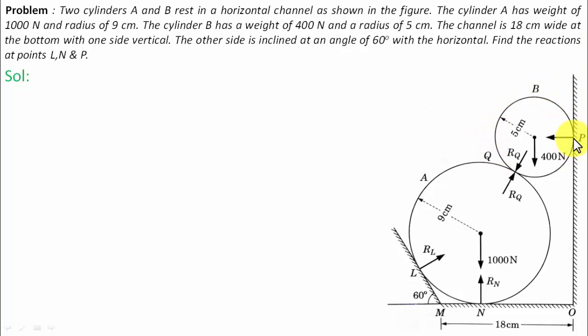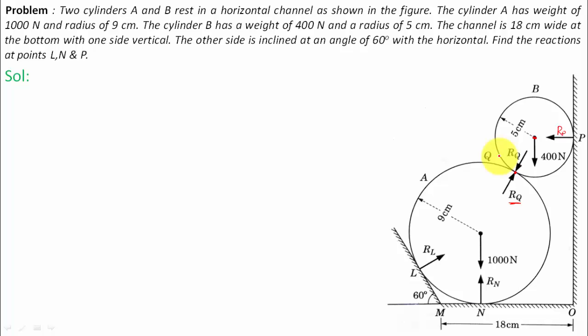One is over here, that is at point P, and the reaction offered at point P is going to be equal to RP, subscript P. Alright, and when you speak of this point, now this point is actually Q, and at Q you can see that there is an RQ in the upward direction directed towards the center. So the reaction at point of contact Q due to this larger cylinder onto this smaller cylinder B is going to be this RQ, directed towards this smaller cylinder's center. Alright, so that was all about the arrangement.